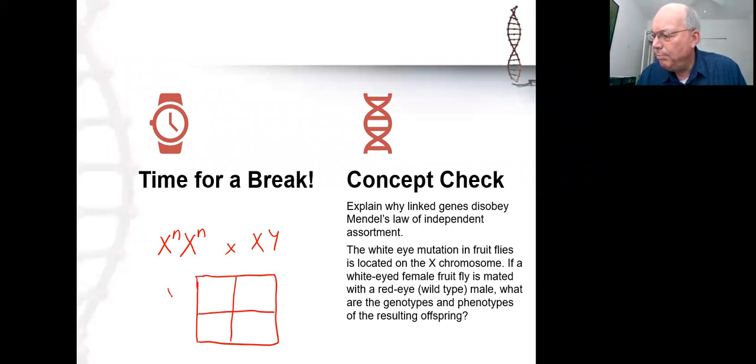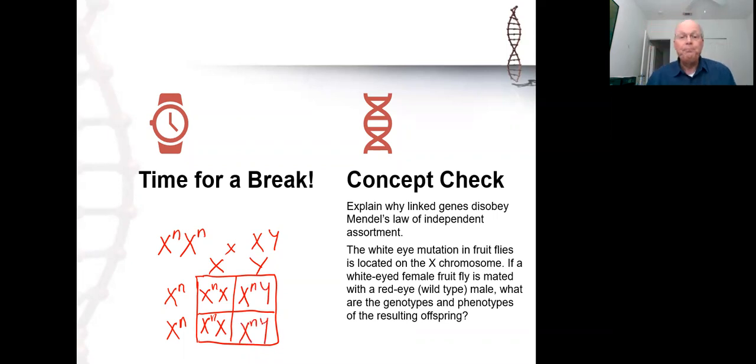We, by convention, put the female down the side when we put the male across the top. So we've got X little n, X, X little n, X, X little n, Y, X little n, Y.